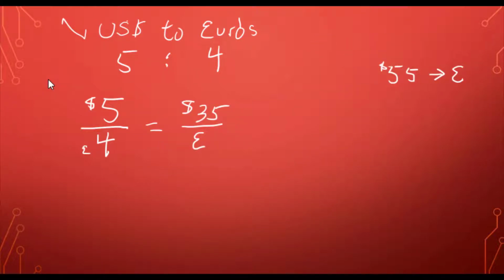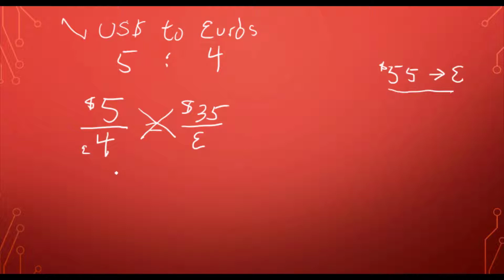Okay, so this is conversion number 3, converting $35 into euros. And I'm going to use the information I gather here to do this problem, converting $55 into euros, in a more quick manner, and then I'll show you why that's important. So I'm going to do cross multiply and divide again. Of course, I could do 7 over 7 and do it that way, but I'm trying to develop something here.